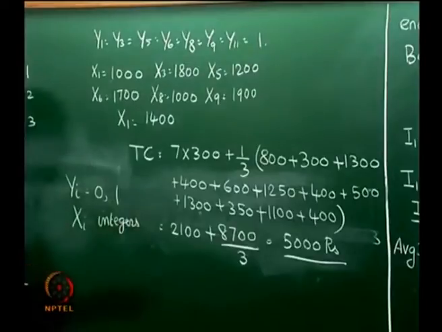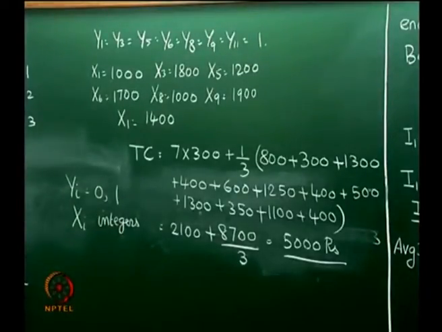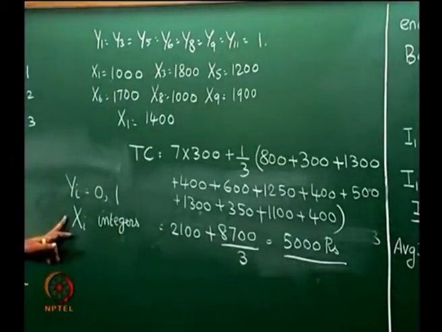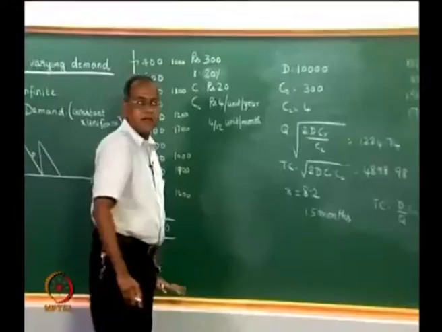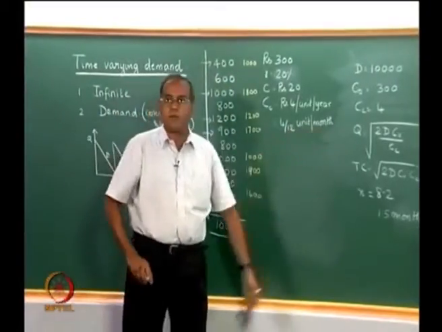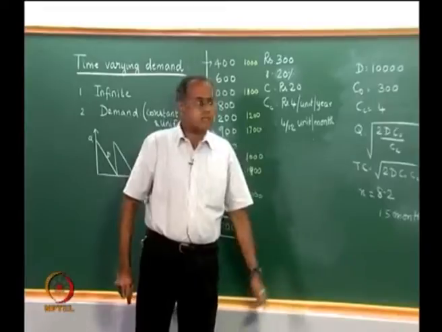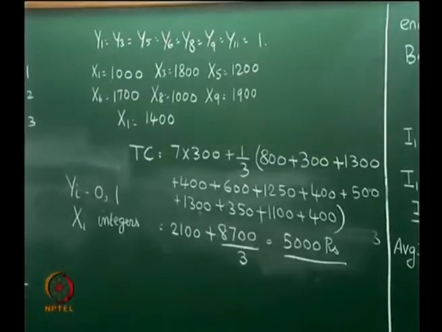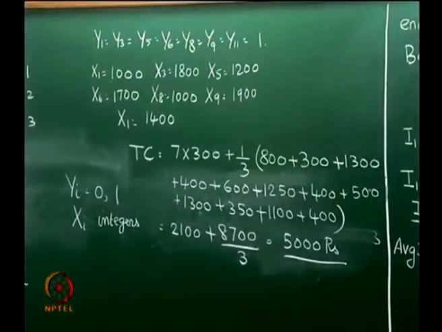I also mentioned a little earlier that it is not really necessary to keep them as integers because the demands themselves are integers, but the yi's have to be binary. Now this would require an integer programming solver, and if we are doing it for large time periods, integer programming may take a little longer than we normally anticipate, and we may require more sophisticated solvers.